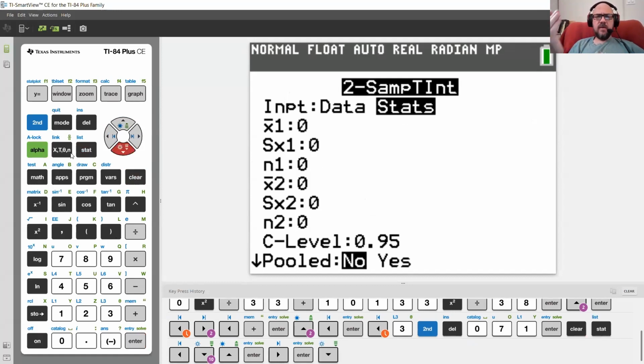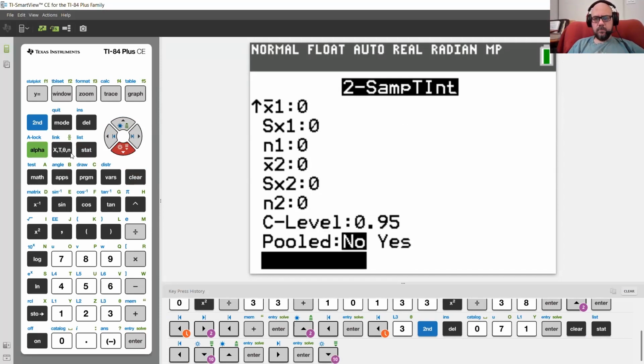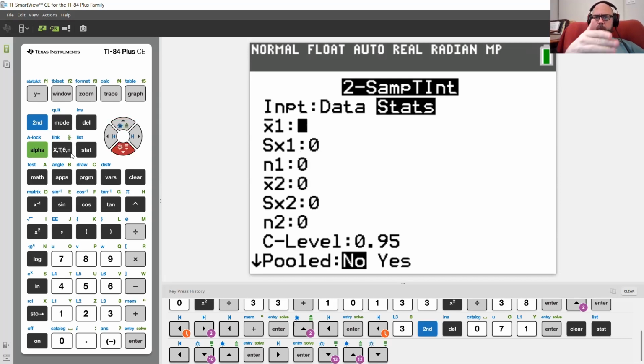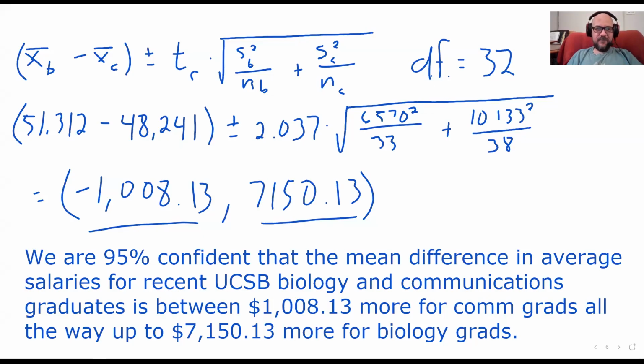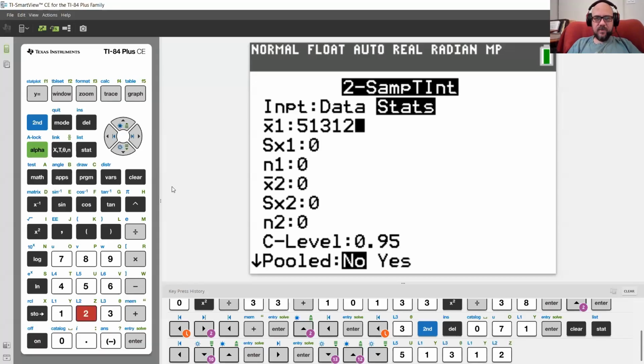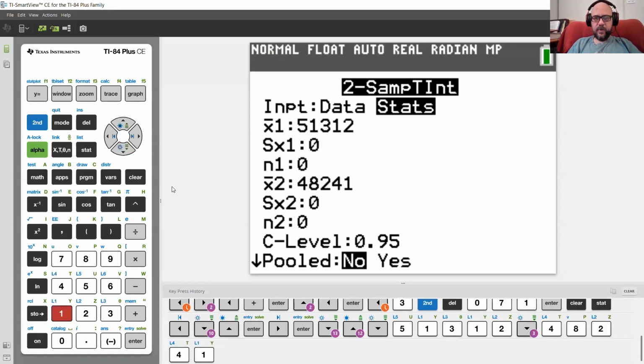So X1 bar is biology and X2 bar is communications. I think they're going to do 1 minus 2 here. I'm not actually sure. X1 bar was 51,312, and X2 bar was 48,241.